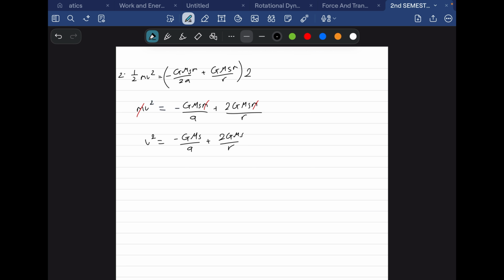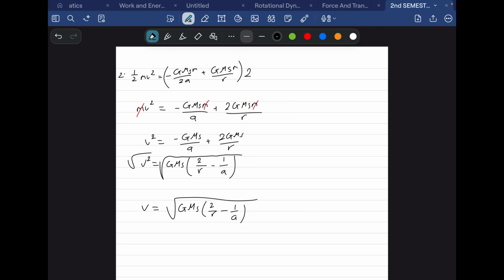Factor out a common term like G mass of the sun, which gives you 2 over r minus 1 over a. Then square root both sides. So your final equation is this, which should match up with the required one.